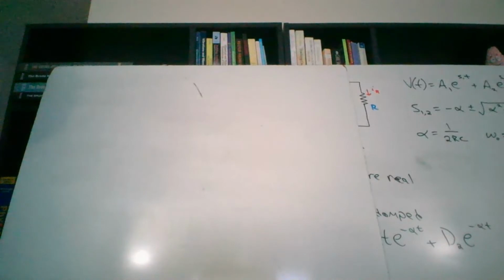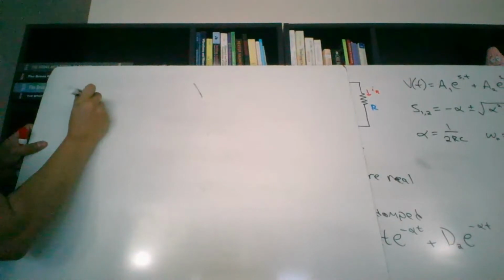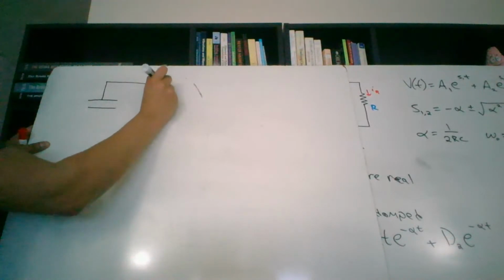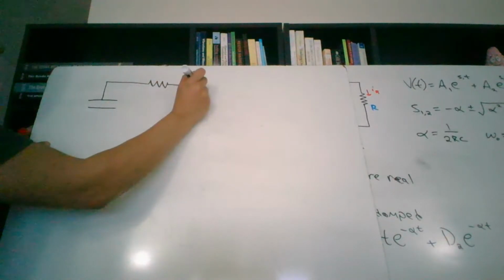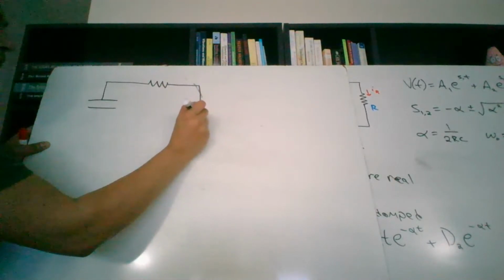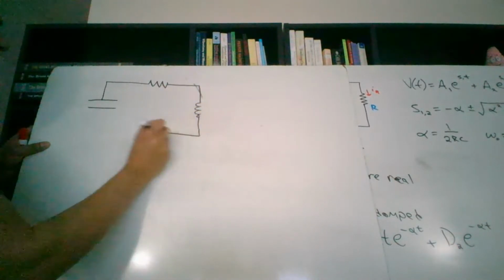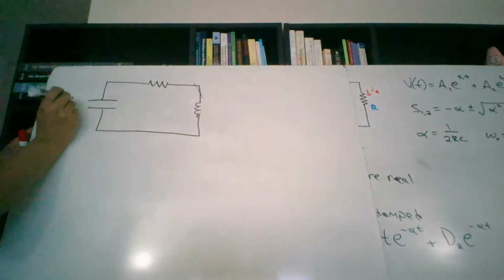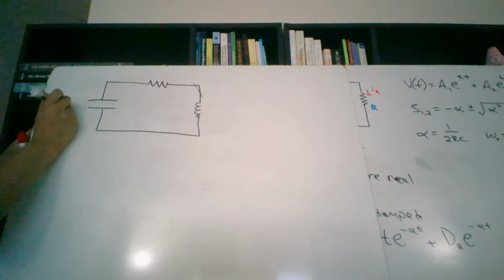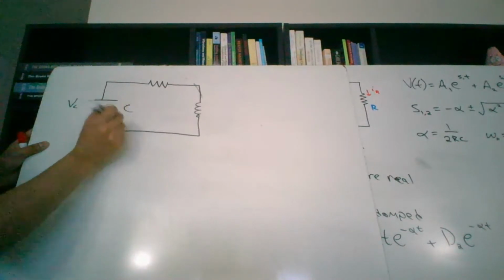Okay, so let's look at our series circuit. In our series circuit, we're going to have a capacitor, a resistor R, and then our inductor L. This is the voltage of the capacitor, where this is the capacitor here.